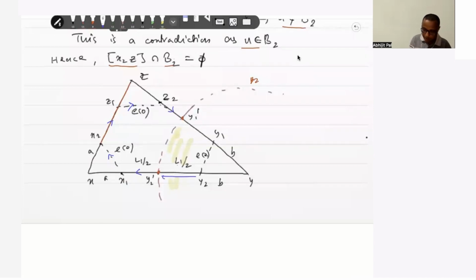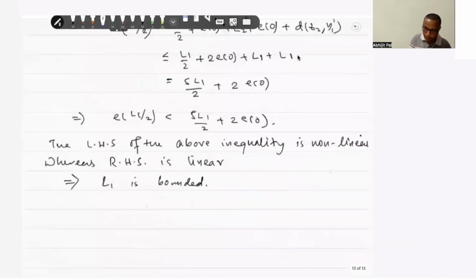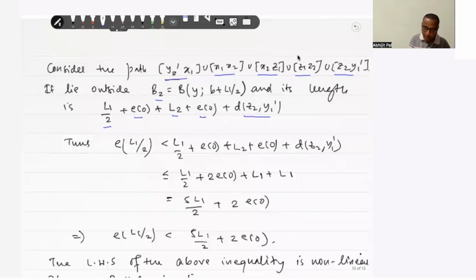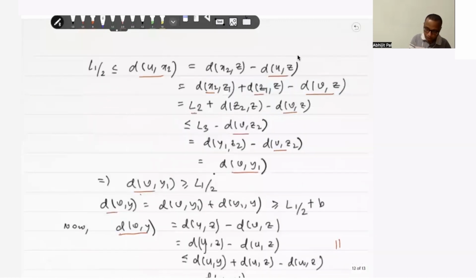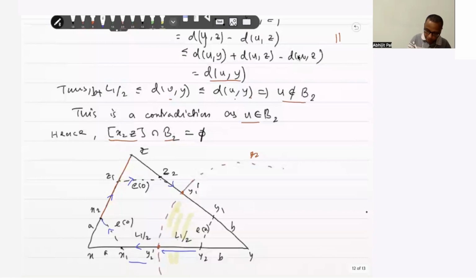This distance is L1 by 2: the distance between x1 and y2, which I have taken to be L1, so this distance will be L1 by 2. So its length will be L1 by 2. This distance is E naught, this distance is L2, this distance is again E naught, and this distance is Z2 to Y1 prime.